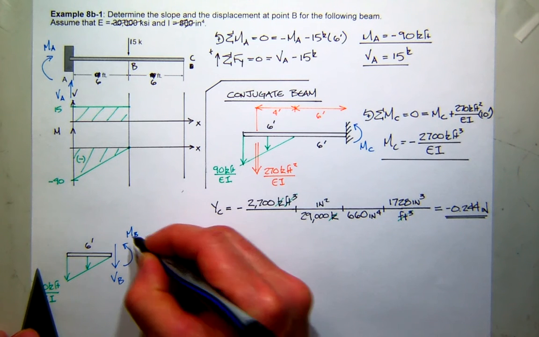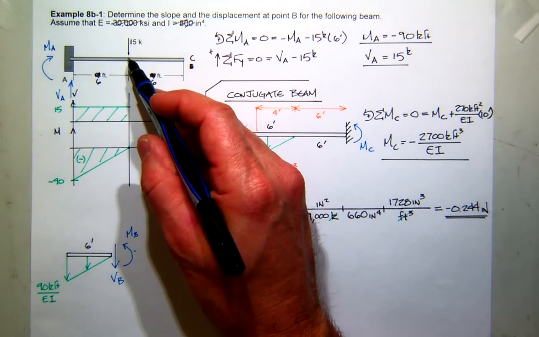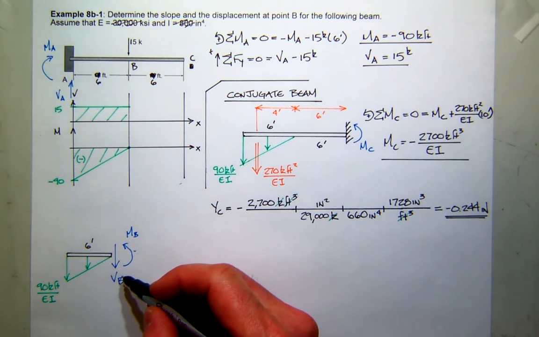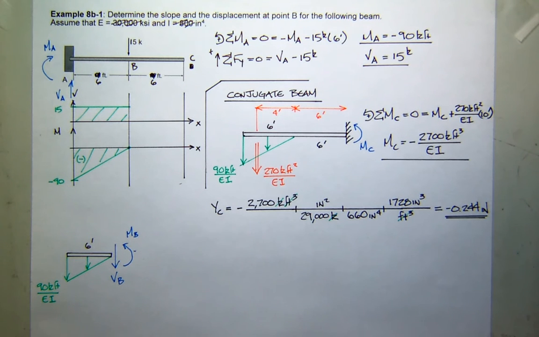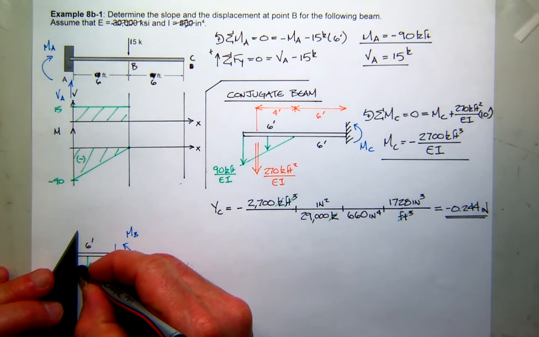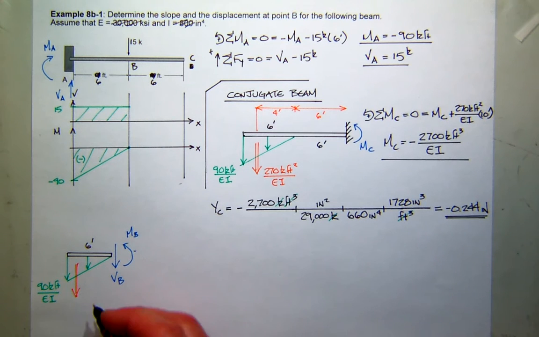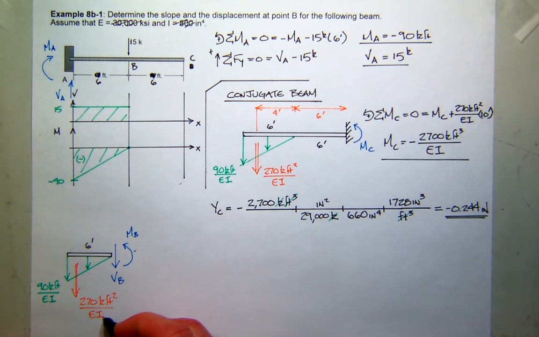But if I did find the moment at B, what would that tell me? That would tell me the displacement at B in the real beam. The problem I'm interested in only wants the slope at B, so I just need that value. We've also found that the concentrated equivalent of that distributed load is 270 kip feet squared, again divided by EI. So you can see our equilibrium is going to be pretty simple.